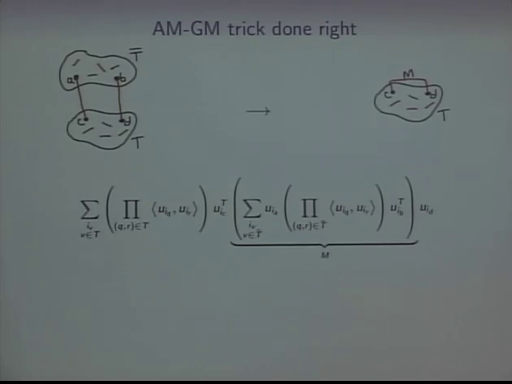Let's write down what that means in terms of this sum of products of dot products of rows of the matrix U. We have all the dot products specified by edges on the T side of the cut. Those are these dot products. We also have the edges on the T bar side of the cut. Those are these dot products. And then we have 2 edges crossing the cut. That's the dot product between the C'th row and the A'th row, and the B'th row and the D'th row.